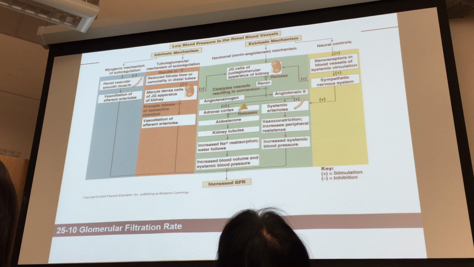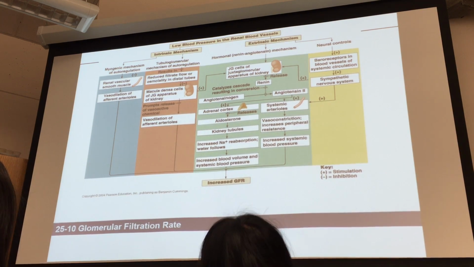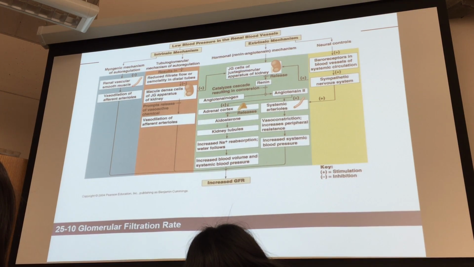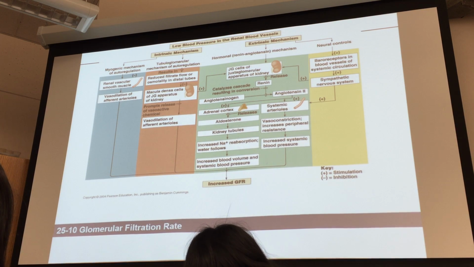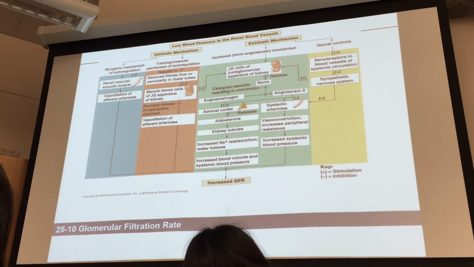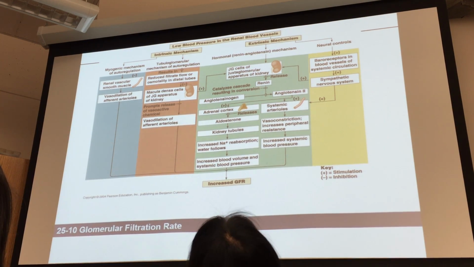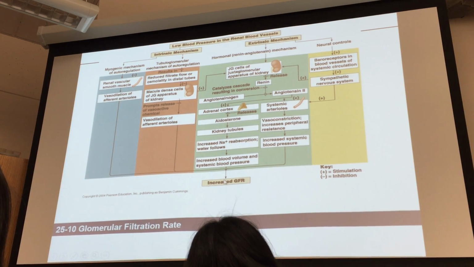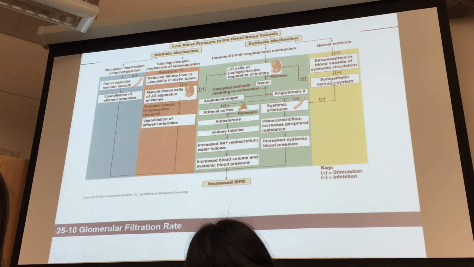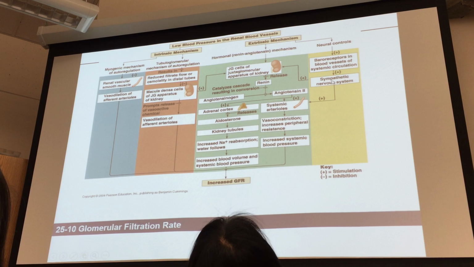Make sure you know what angiotensin II does. Make sure you know what aldosterone does, all right? Make sure you know what ADH does. Those are 3 important chemicals on this sheet that all help us to increase the filtration. Sympathetic nervous system can do the same thing.